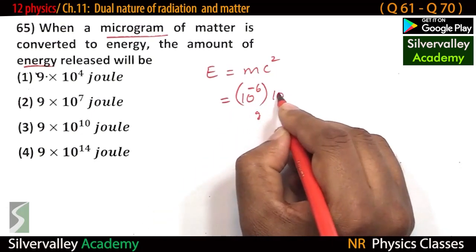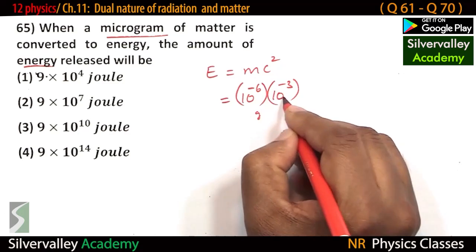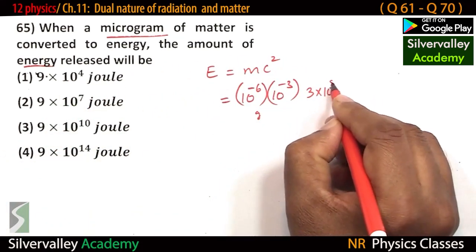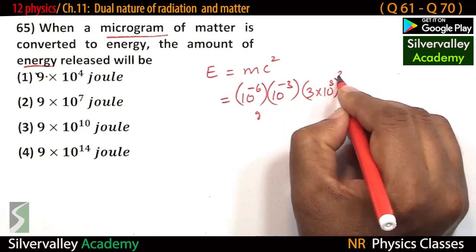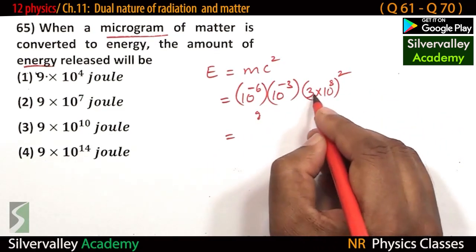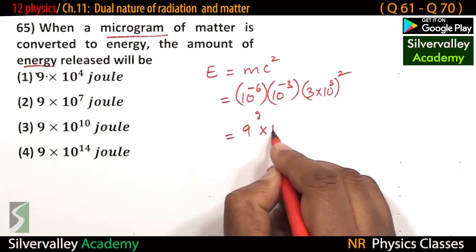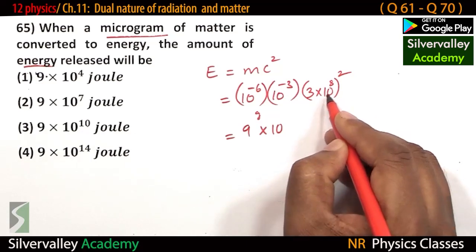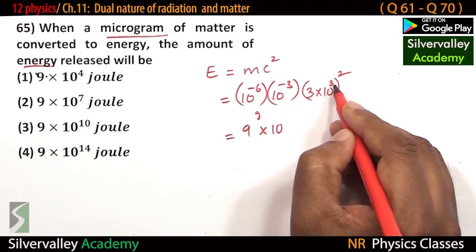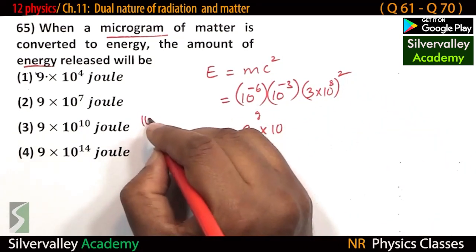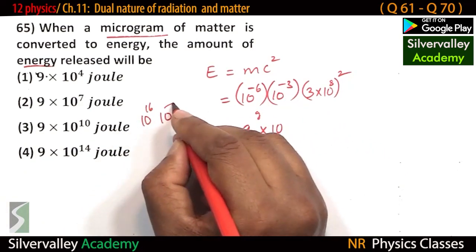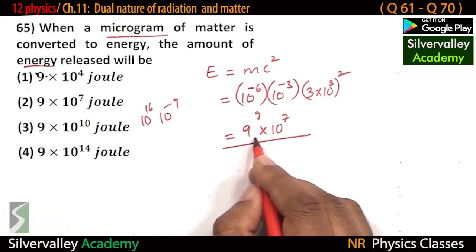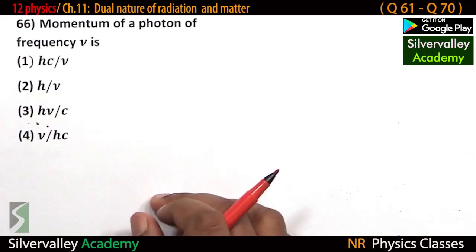Gram to kg, another 10^-3. c square is 3 × 10^8, speed of light in vacuum, square. 3 square is 9, 10^8 whole square is 10^16. 10^16 times 10^-9 is 10^7. 9 × 10^7 joule.